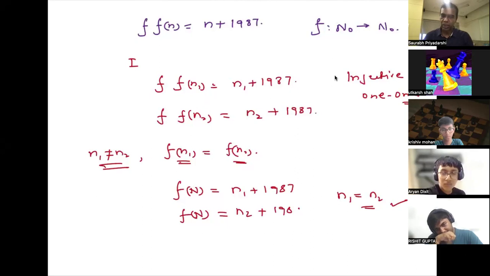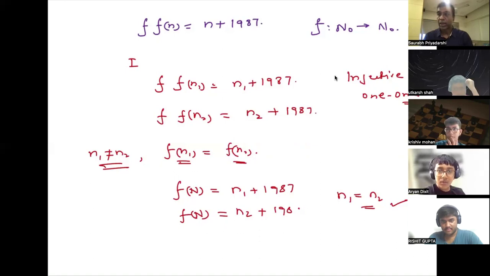Now, are you able to get any function such that we are getting f of f of n is equal to some value? The function must be linear. Very good. And the coefficient of n must be 1 also. So these two observations are very good.